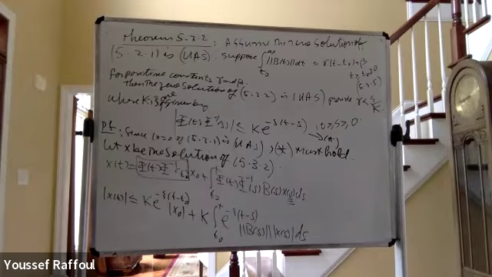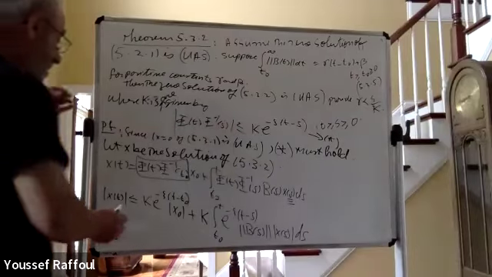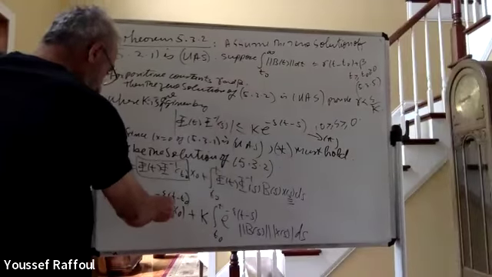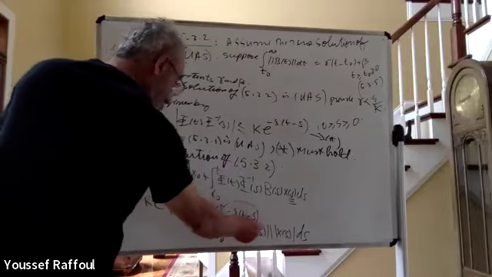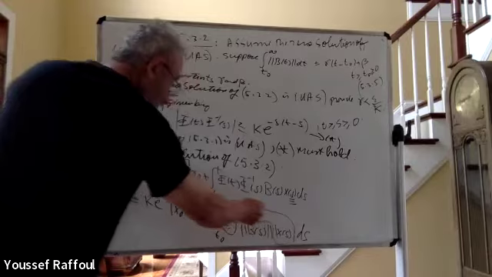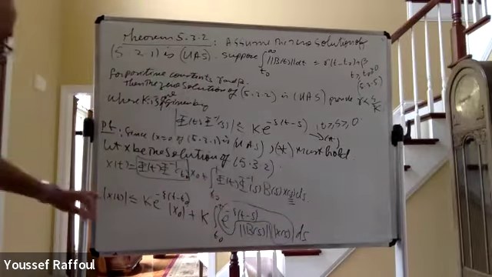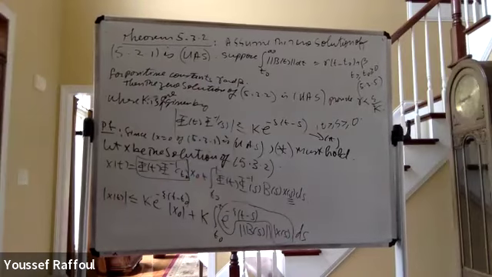Are you with me? Now, in order to use Gronwall's inequality, I need to have, you see here, I have this term. I need to lump this with this. And this x is supposed to be the same.